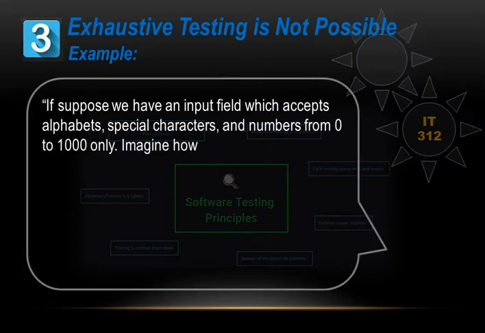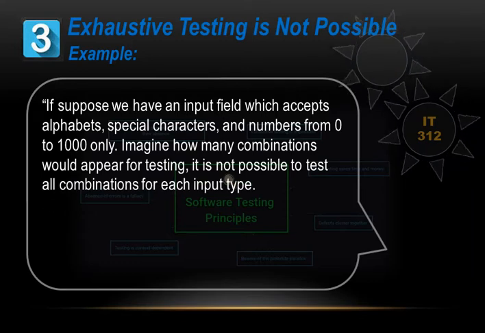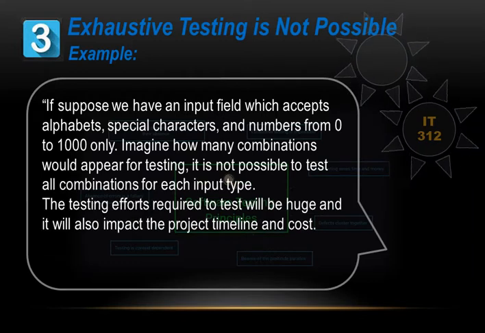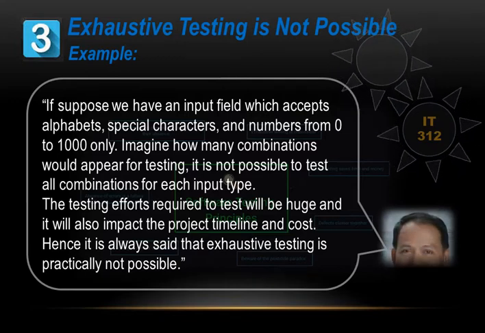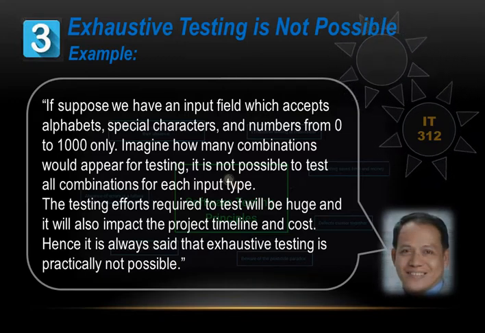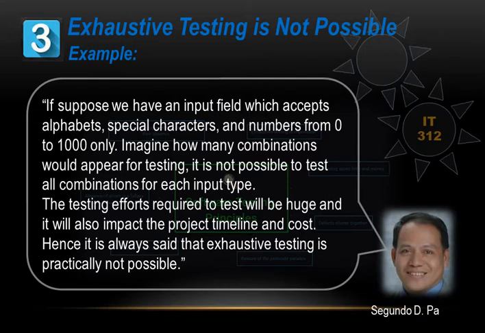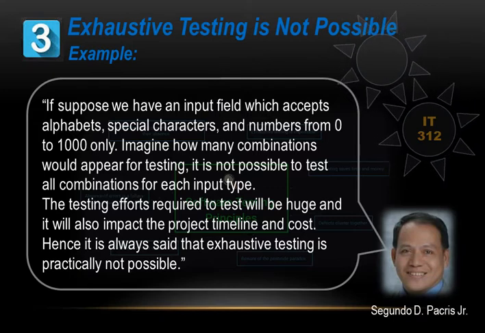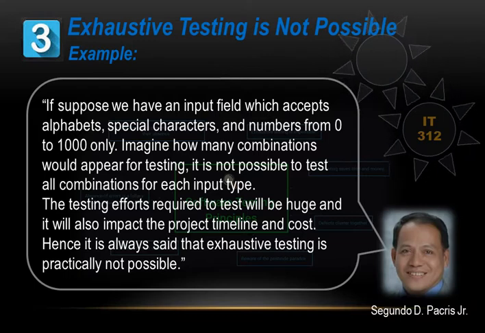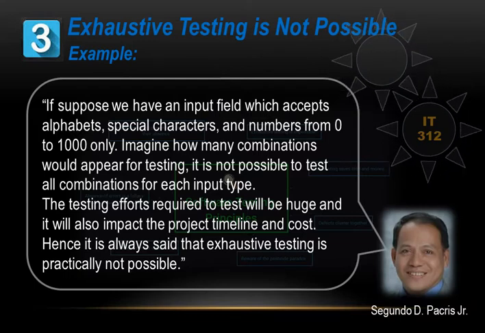For this, we have an example. Suppose we have an input field which accepts alphabets, special characters, and numbers from 0 to 1000 only. Imagine how many combinations would appear for testing. It is not possible to test all combinations for its input type.